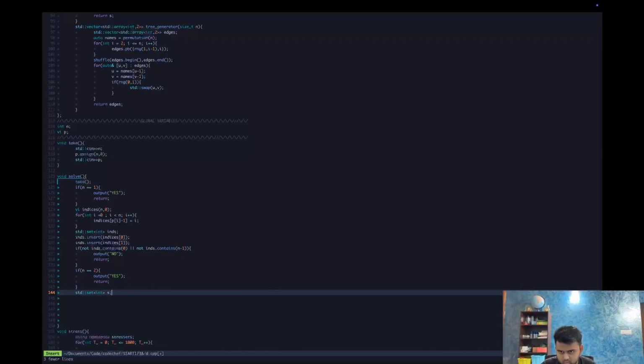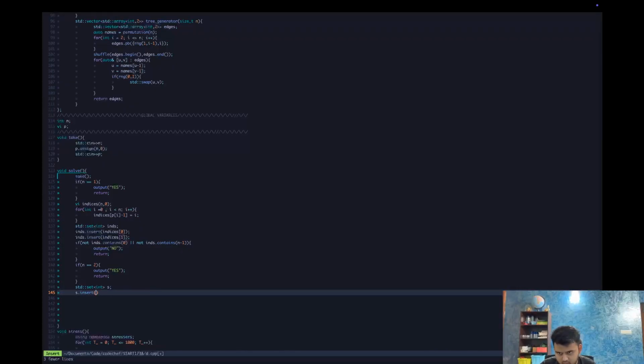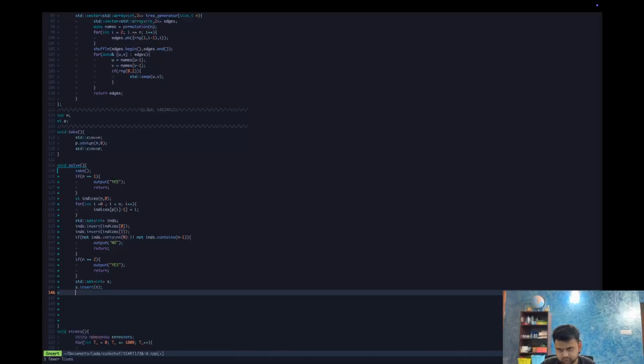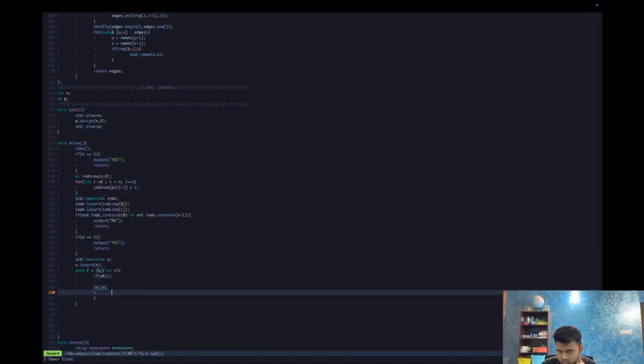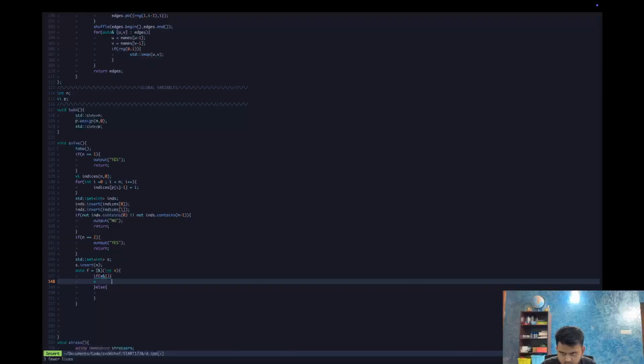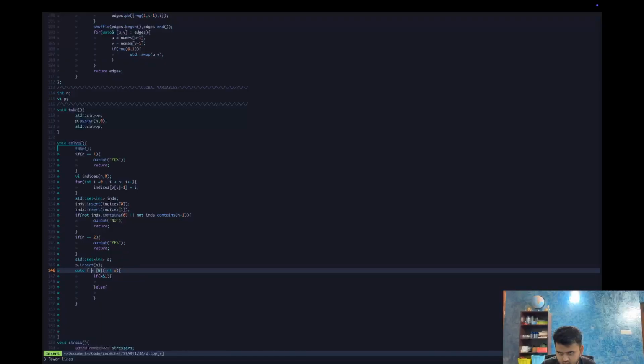So 2 is current. So set int s. Let's start insert n. Int x: if n and 1, else fix and 1.